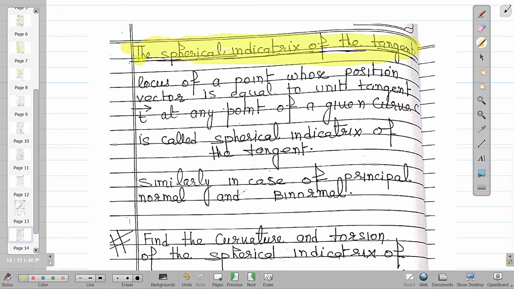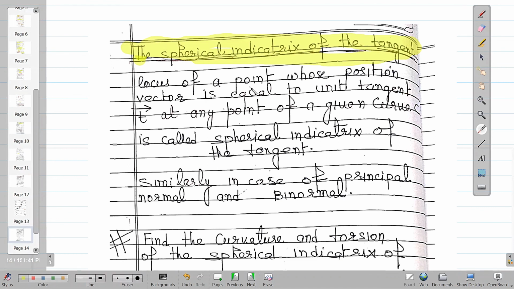Now, what is this? It is the locus of a point whose position vector is equal to the unit tangent. Yeah, that we already discussed.